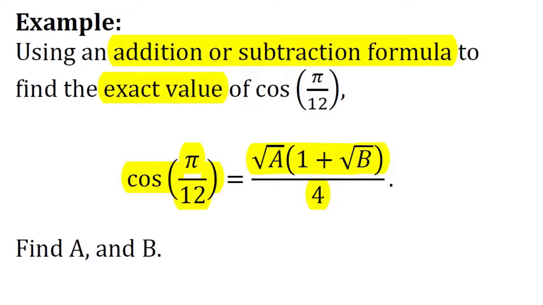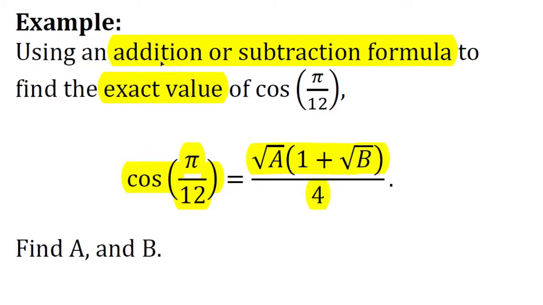And as a generality about this problem, in case you run into a similar problem where the problem asks you to first use an addition or subtraction formula to find the exact value of either sine or cosine of some angle that's not common on the unit circle, and then the problem indicates that your exact value would turn into some kind of expression similar to this, and asks you to find a and b.